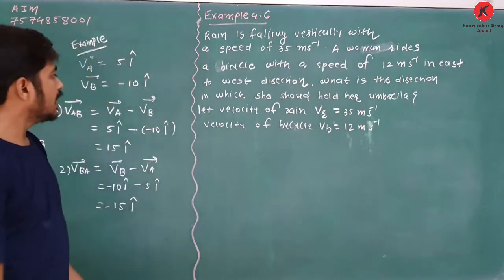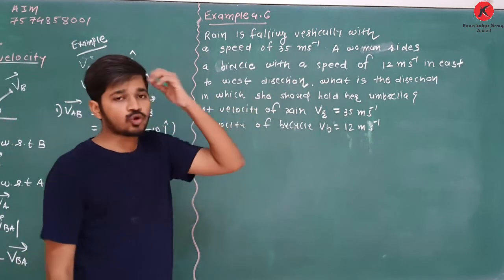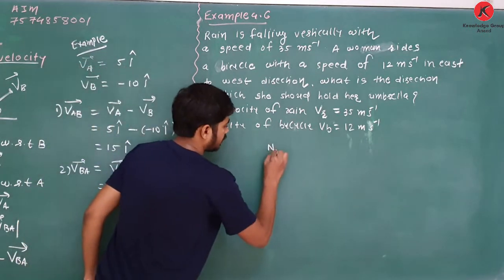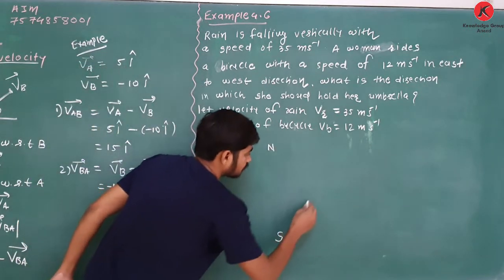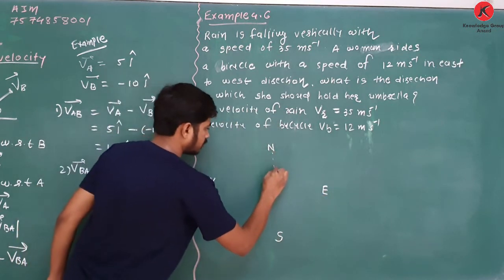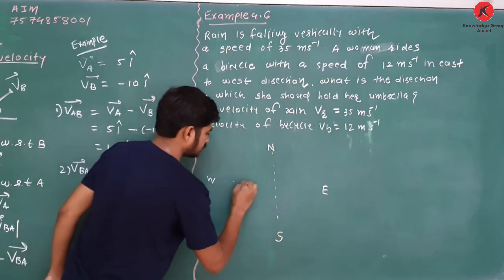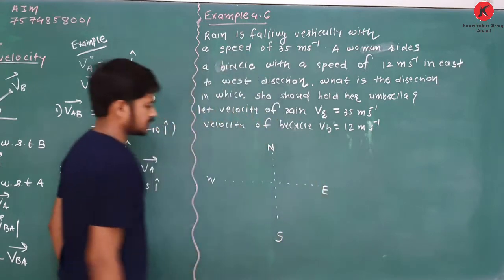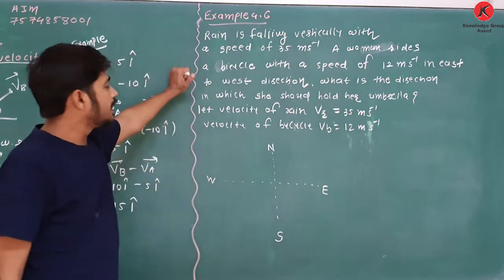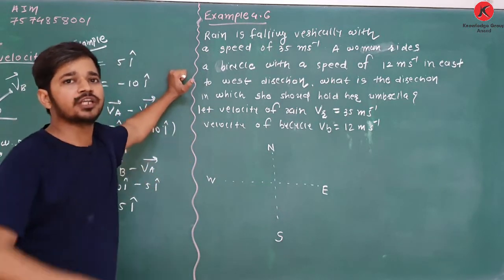Your question is, in which direction should she hold her umbrella? See, if we draw the picture, we show the directions south, east and west. Now, see, rain is falling vertically downward.